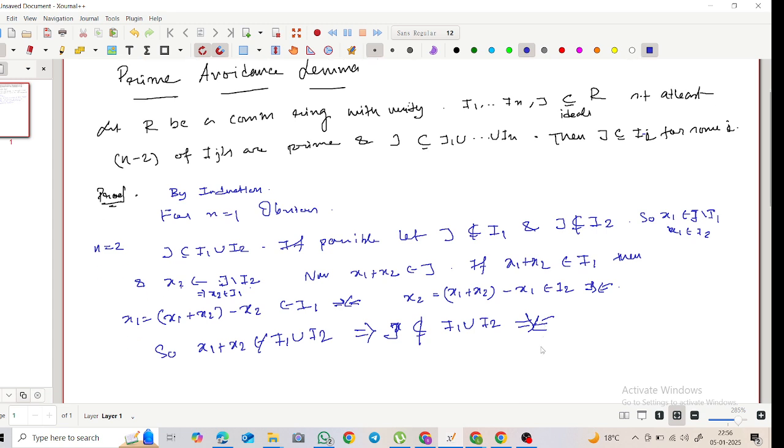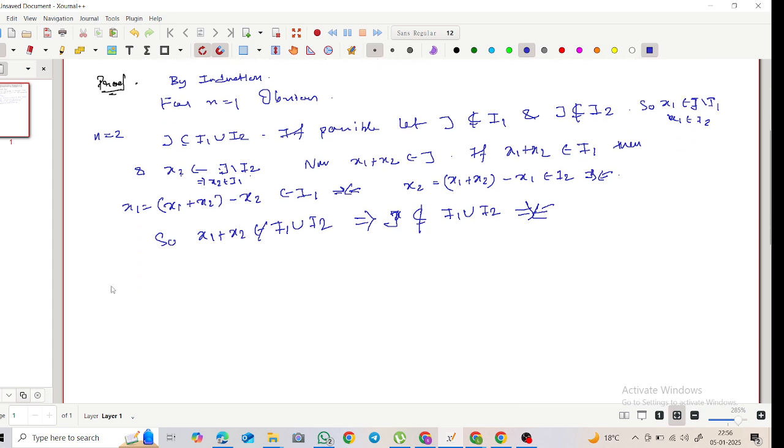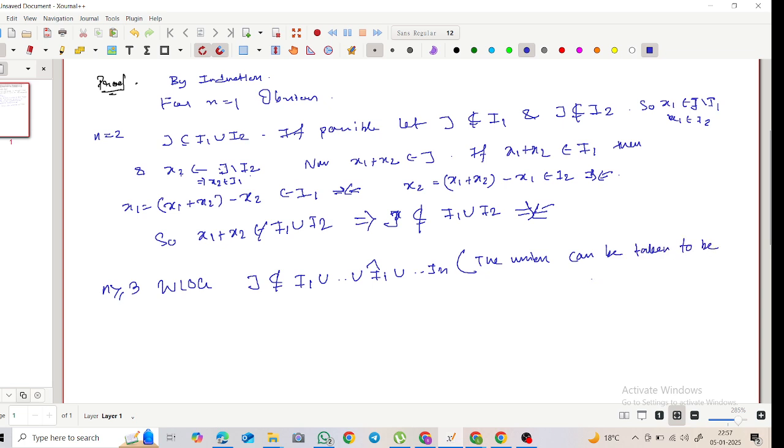Okay, now we will use this idea for n greater than or equal to 3 without loss of generality. J is not contained in I1 union I hat. Okay, see, we can take the union to be minimal, the smallest.